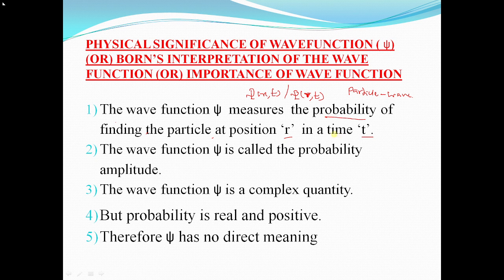For example, when you are moving, can I give your exact position? No, I can give only probability. He may be there, she may be here, she may be in the canteen, he may be roaming somewhere. So I can give the probability. That's why psi also gives the probability of finding the particle at position r at time t.